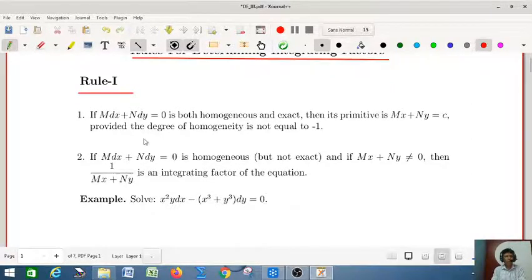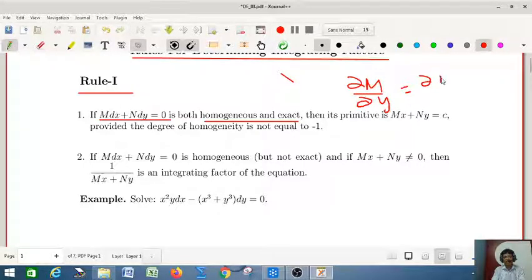Rule 1: if M dx plus N dy equal to 0, you know that this is the first order first degree differential equation, the simplest form of the first order first degree equation. M dx plus N dy equal to 0 is both homogeneous and exact, and you know that the condition of exactness is del M by del y equal to del N by del x.